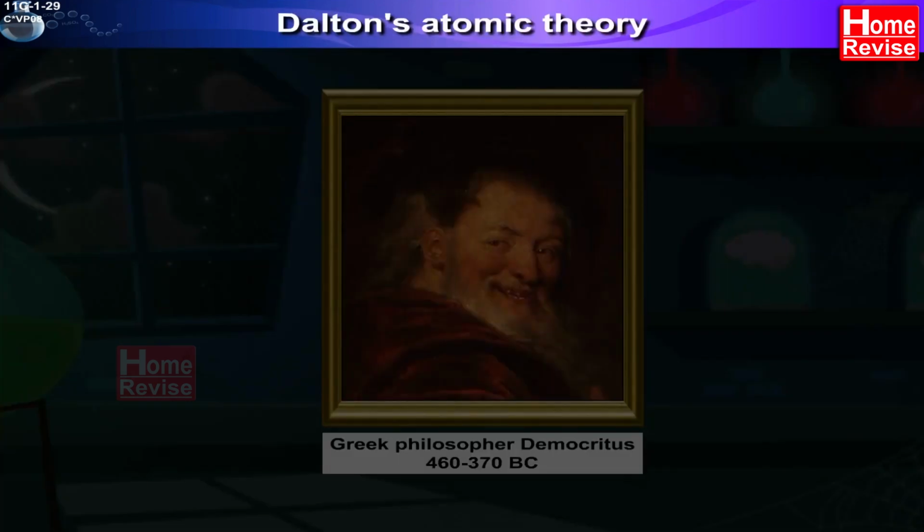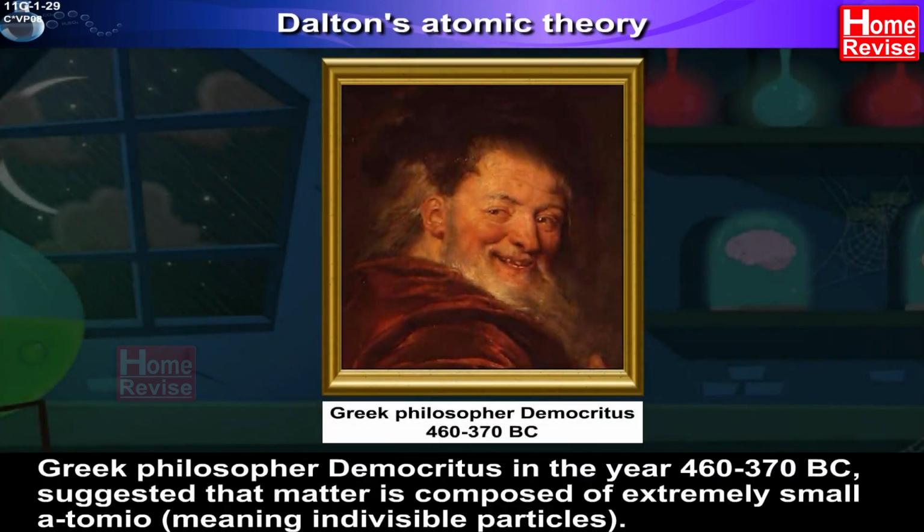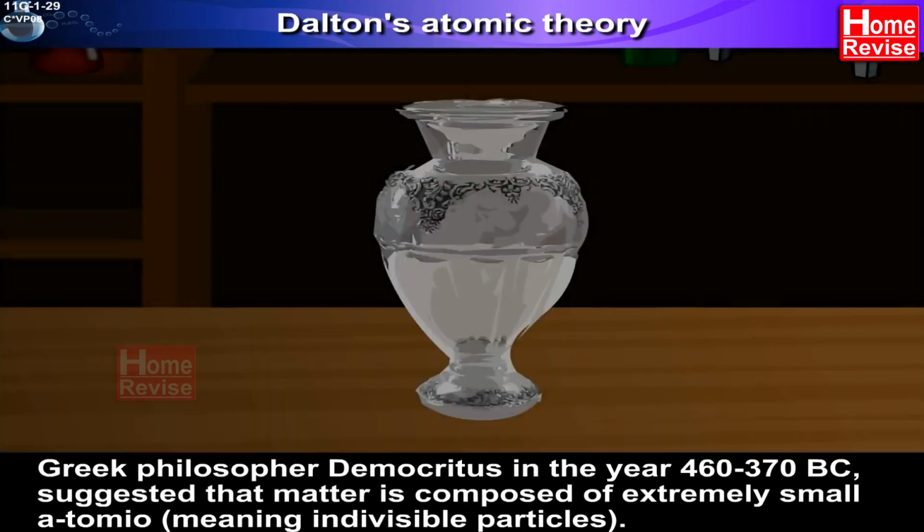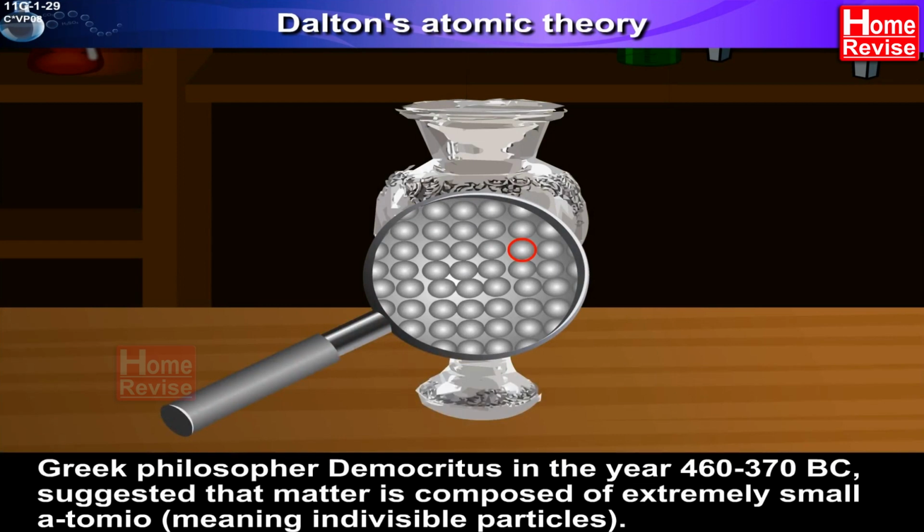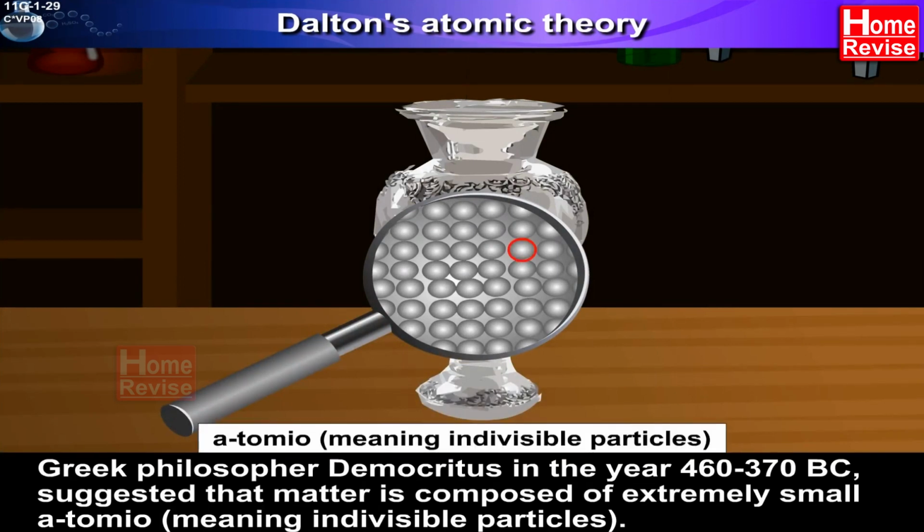Dalton's atomic theory. Greek philosopher Democritus, in the year 460 to 370 BC, suggested that matter is composed of extremely small, atomos, meaning indivisible particles.